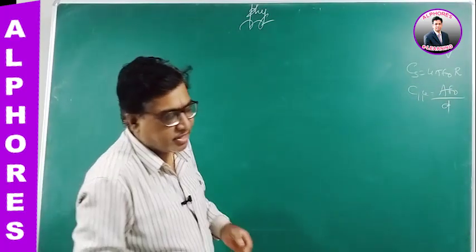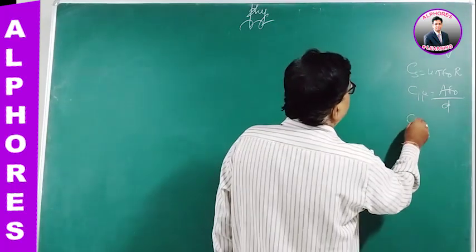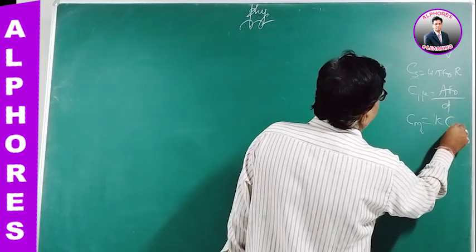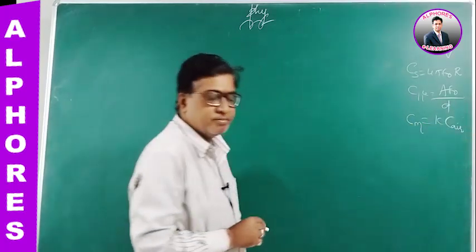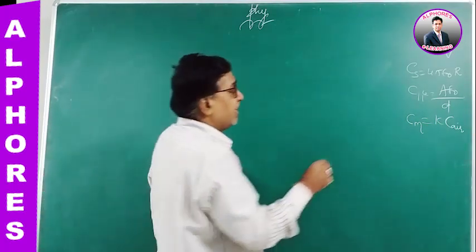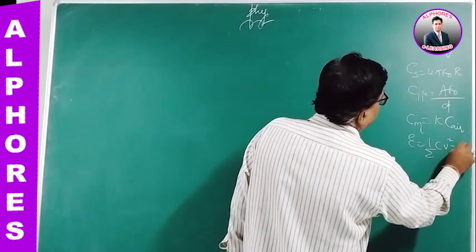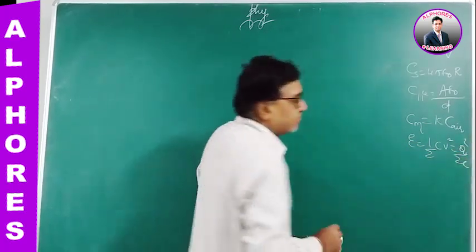And the capacity in a medium is K times the capacity in air. The energy stored in the capacitor E is equal to half CV square or Q square by 2C, right?